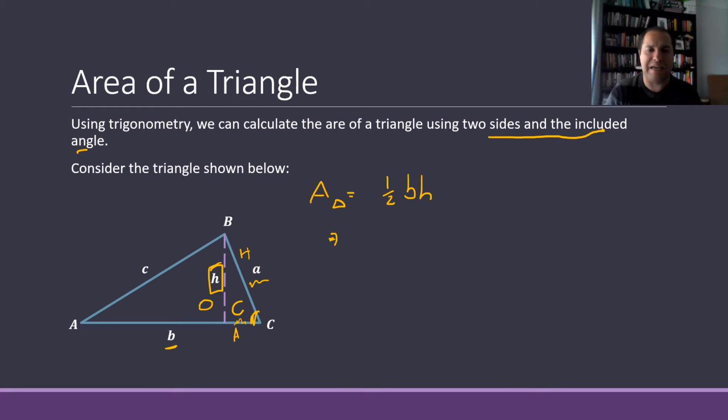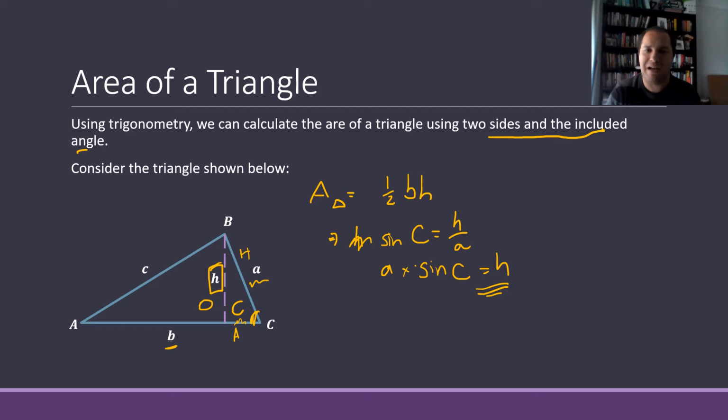So we can say that sine C equals h over a. Rearranging that, a times sine C equals our value for h.